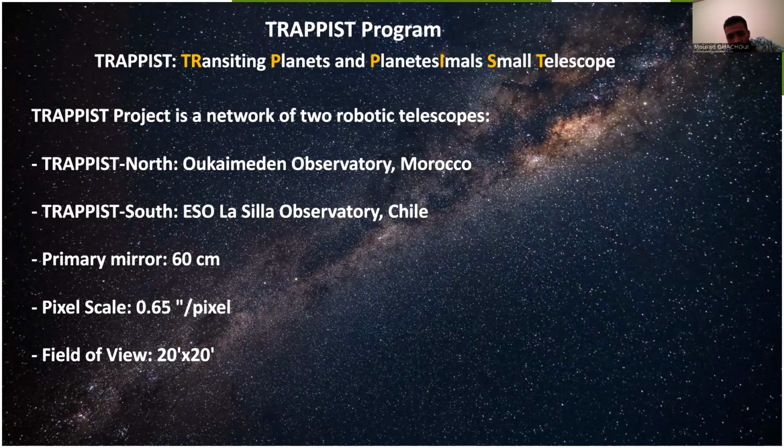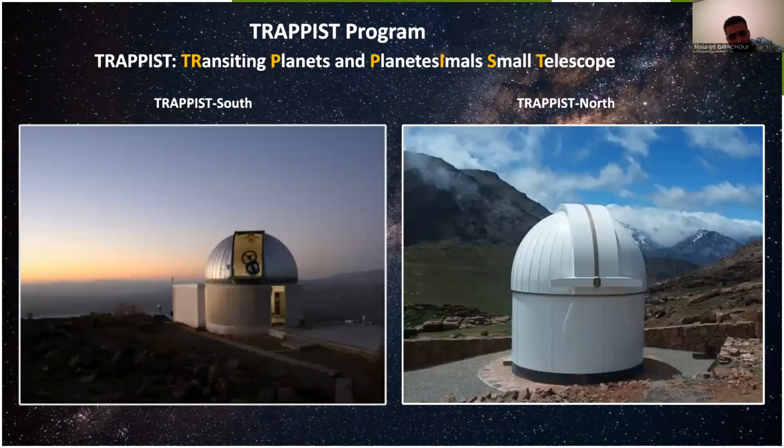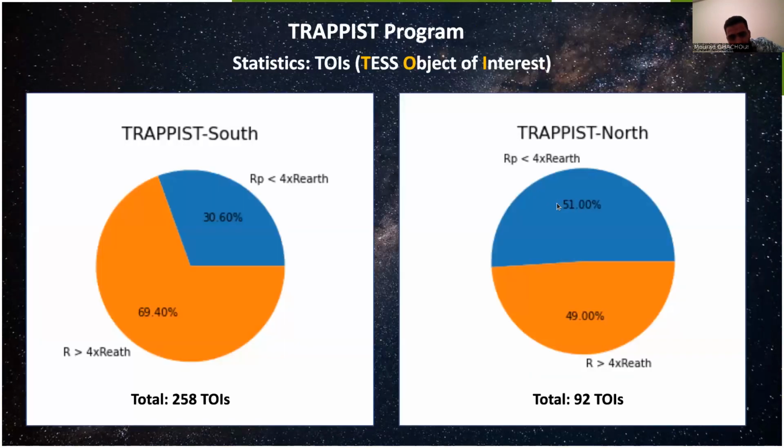The field of view of these CCD cameras is 20 by 20 arcminutes. Here we have 2 pictures of the 2 telescopes, TRAPPIST South and TRAPPIST North.